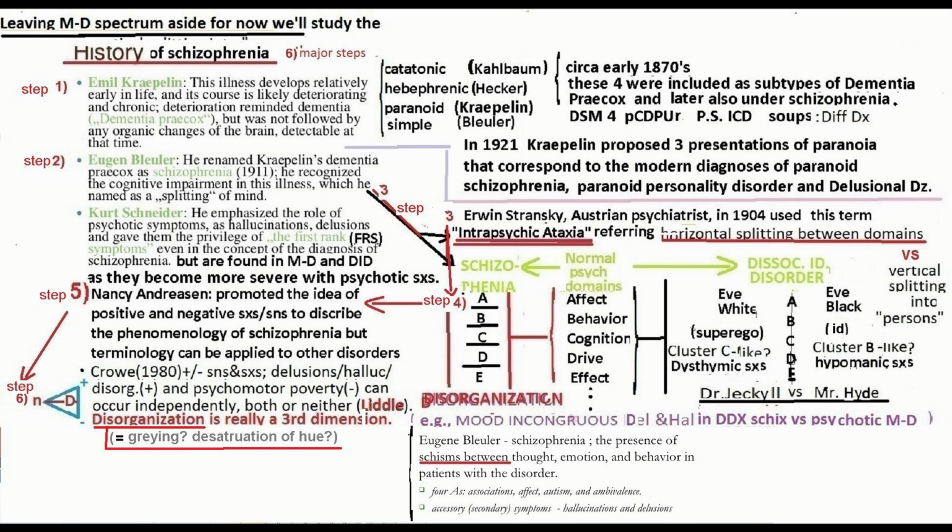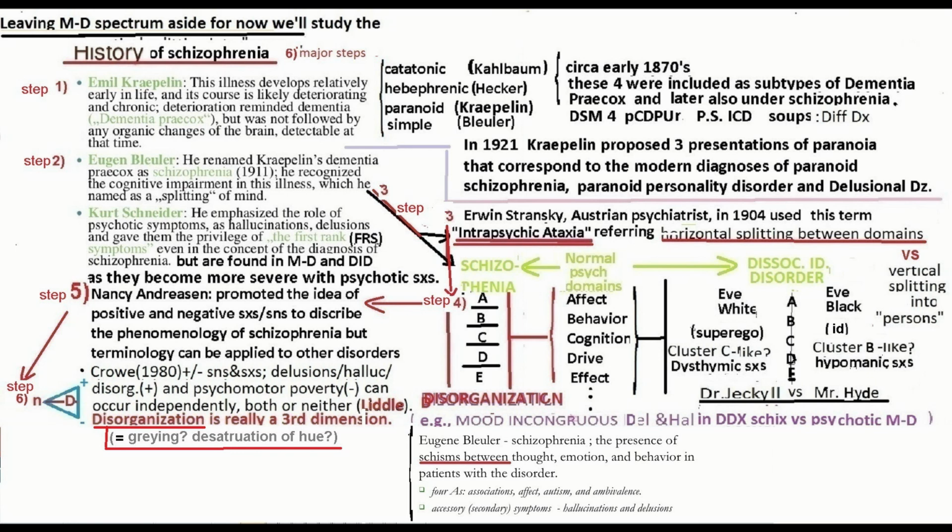So even though this positive and negative symptom description could be applied to mood disorder, their terminology for mood disorder is fairly well established. Anyway, Nancy Andreasen, Crow, and Little were people who worked in this area developing this concept.